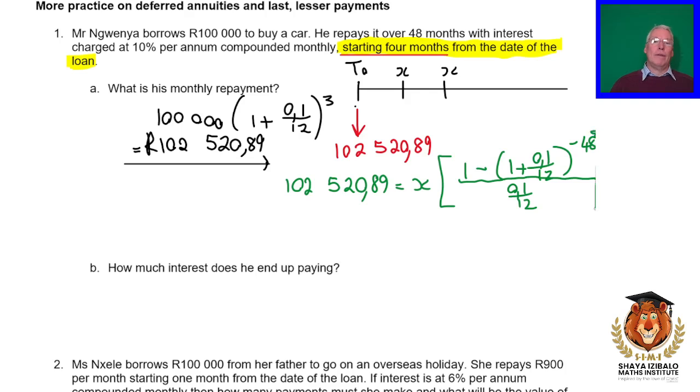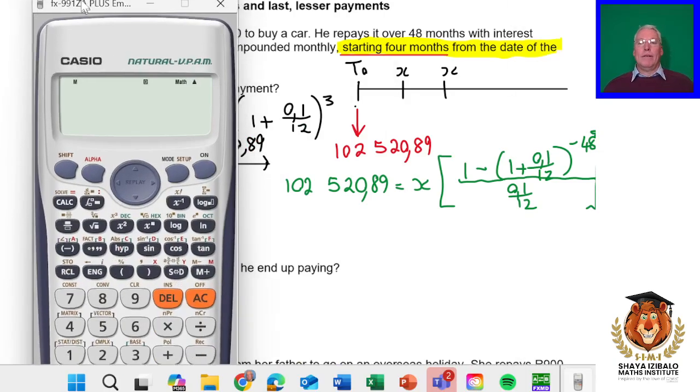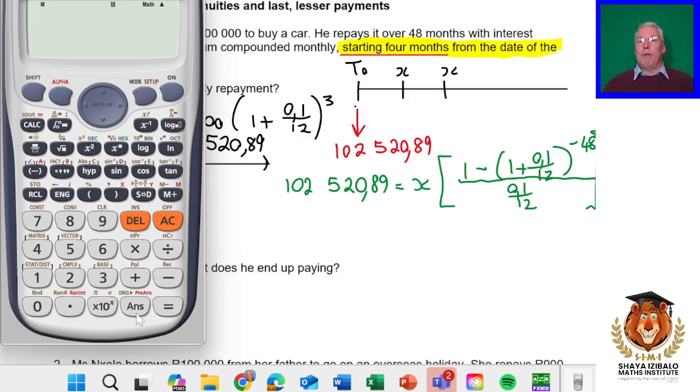Okay, and we'll get our final answer there. Let's see what's going to happen. The stuff inside the bracket just comes to, remember our answer here is still there. So we take that answer and divide by all this other stuff.